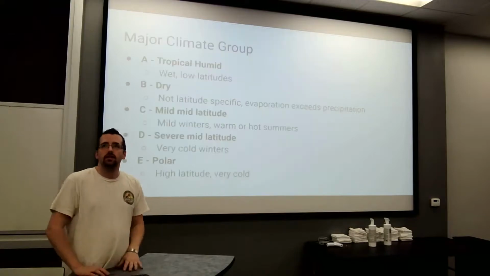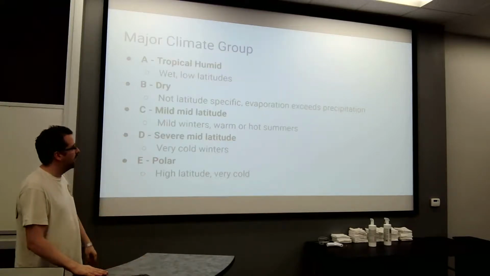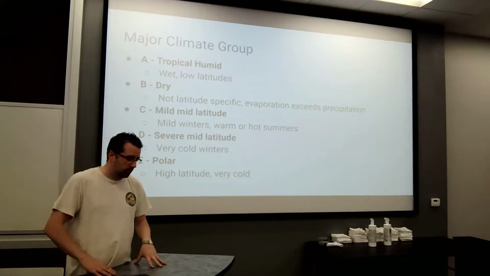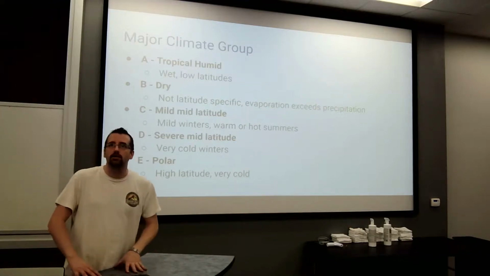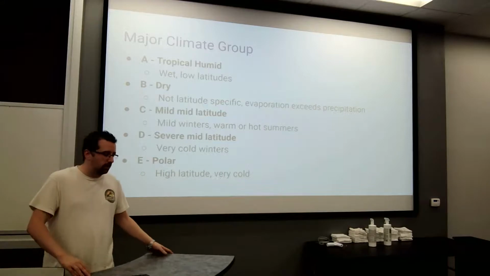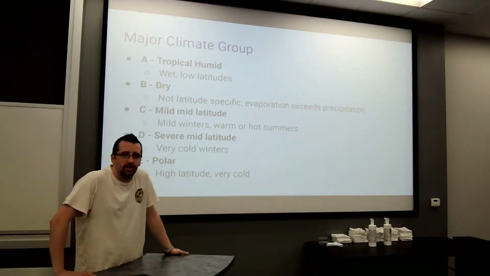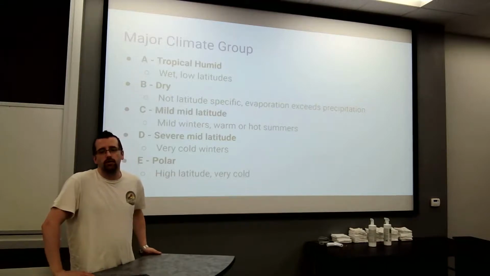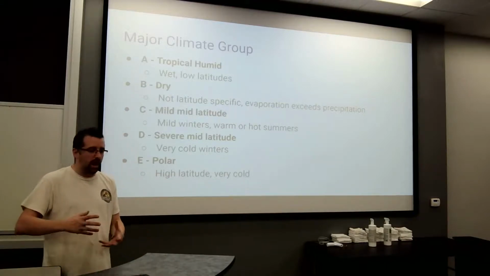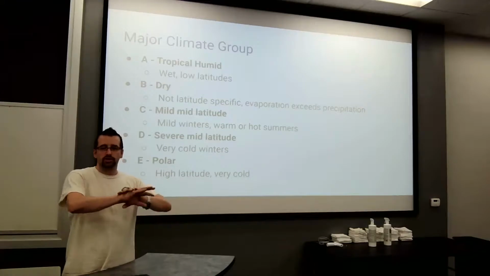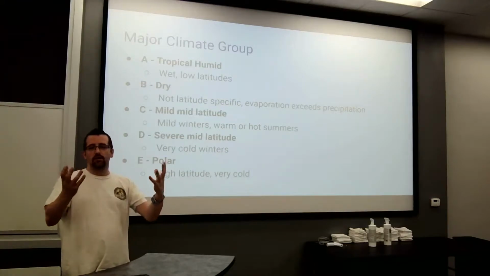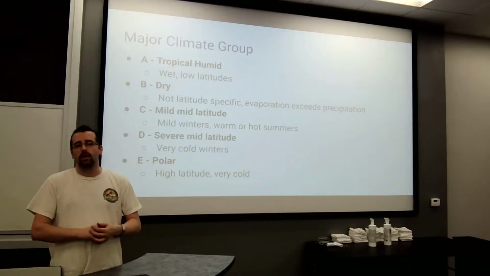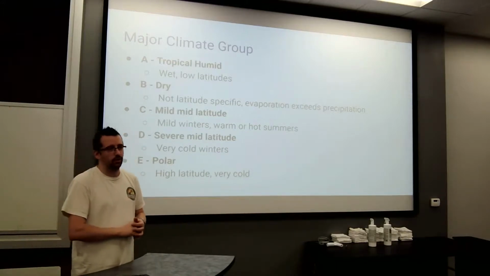All right, okay, so we have here your major climate groups. So your A is your tropical humid. That is your wet low latitudes. Think the equator. Think places that get a lot of rain. So usually around the equator, there is this band of moisture that just seems to belt around the earth sometimes. And there is an amazing amount of rainfall that occurs during this.